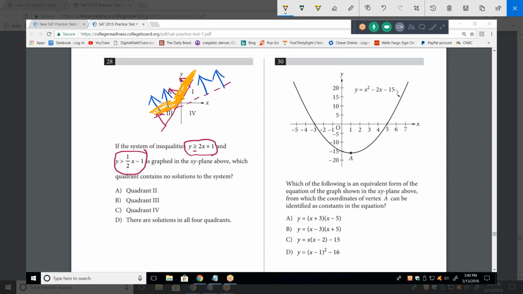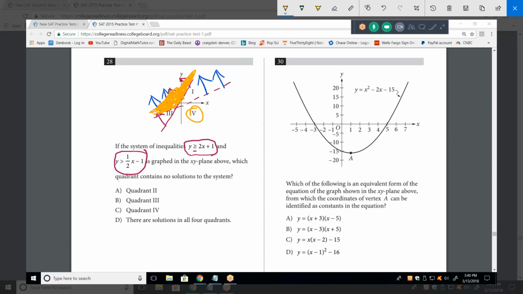You see how I get this? Okay. Now, the solution has to be in that orange area. Which quadrant contains no solutions? Quadrant 4. That's 4.